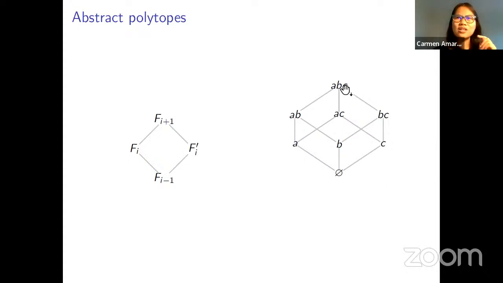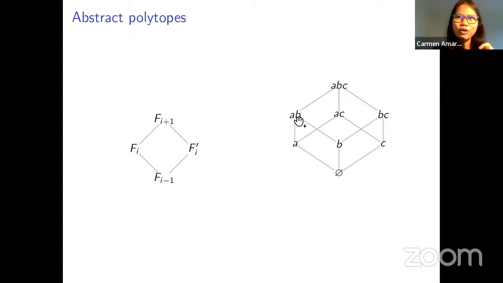So if you take any two, say itong ABC and B, so faces sila, of course, B is incident with ABC. There are exactly two edges. Okay, so this is rank 1, this is rank 0, this is rank 2. May dalawang rank 1 faces, these are AB and BC, which are incident to both.